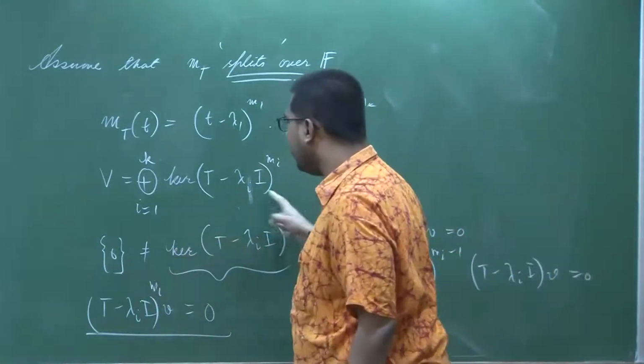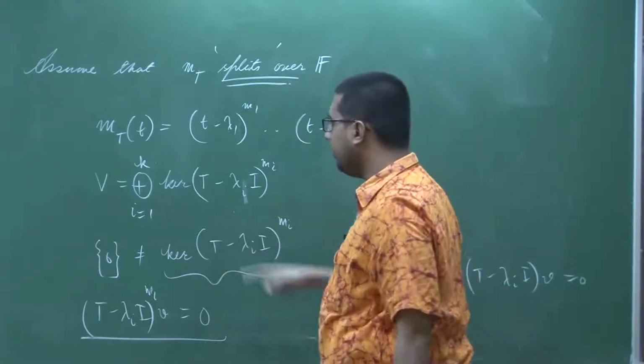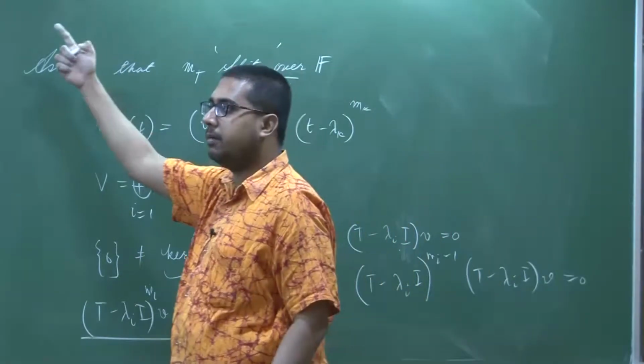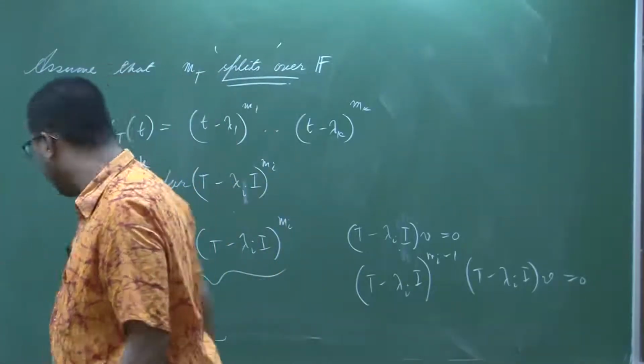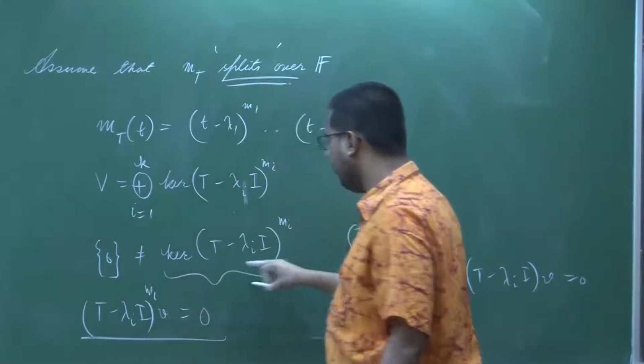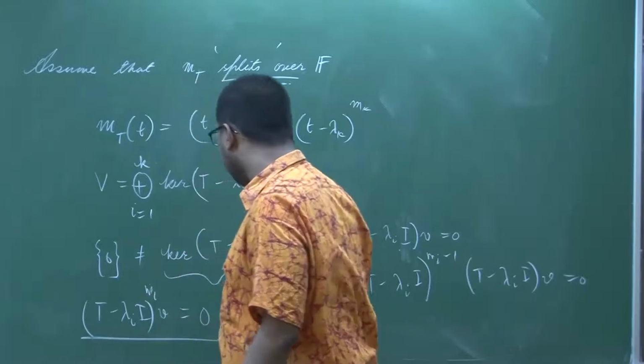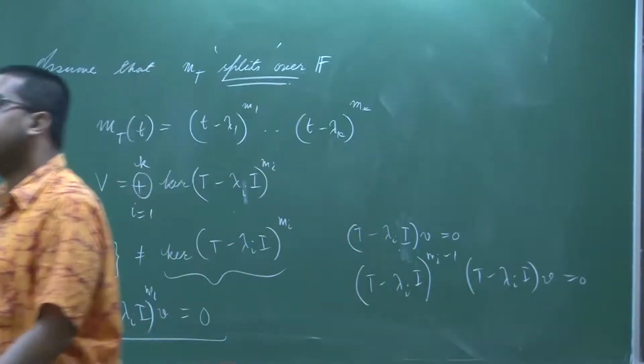So these are all T-invariant subspaces. All this we have already seen: the kernel of any polynomial p(T) is always T-invariant. So if we look at this non-trivial invariant subspace, on it the operator T minus lambda_i I is nilpotent.